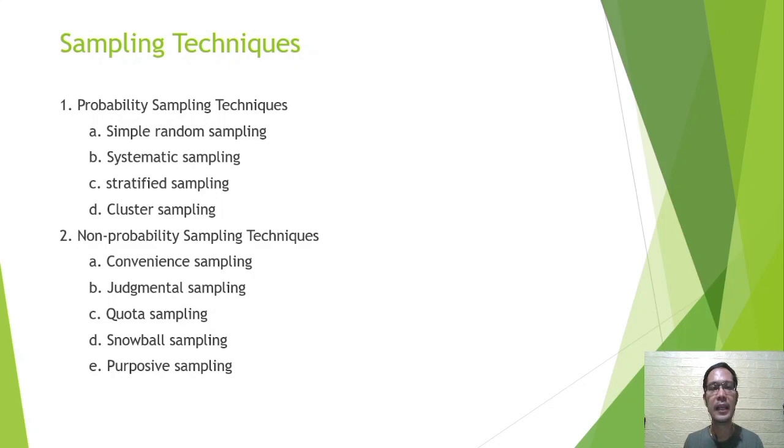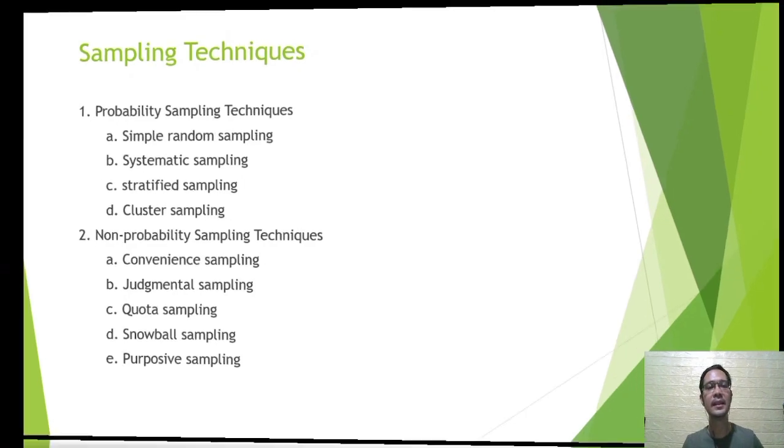The non-probability sampling techniques include convenience sampling, judgmental sampling, quota sampling, snowball sampling, and purposive sampling. Now, let us discuss each of these sampling techniques.